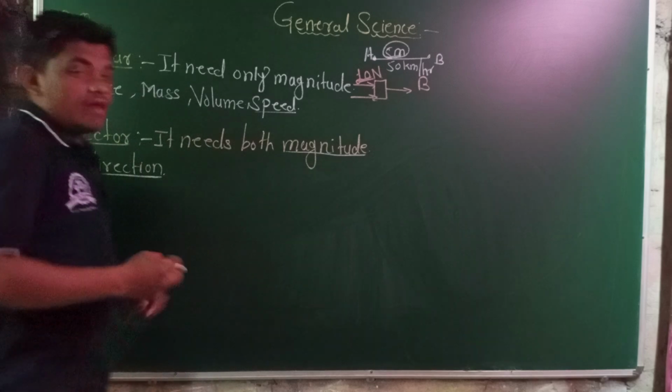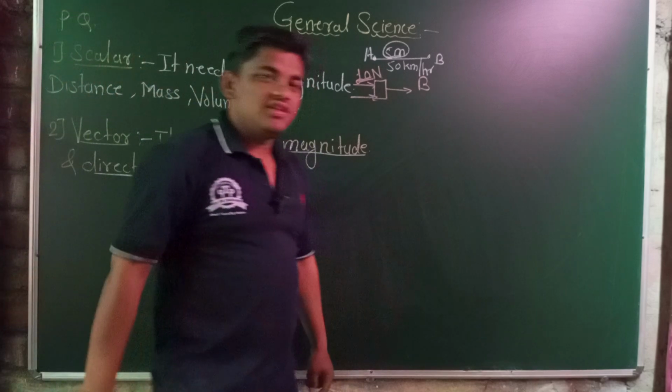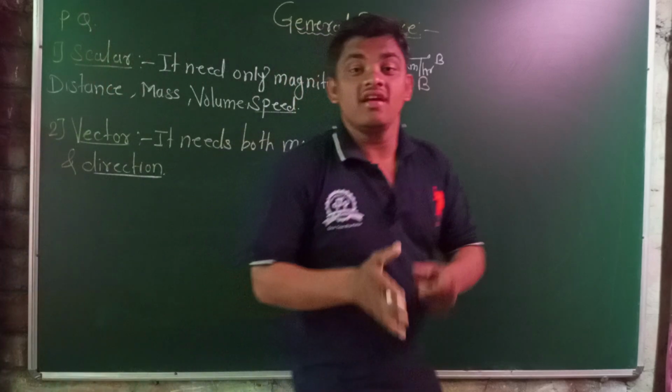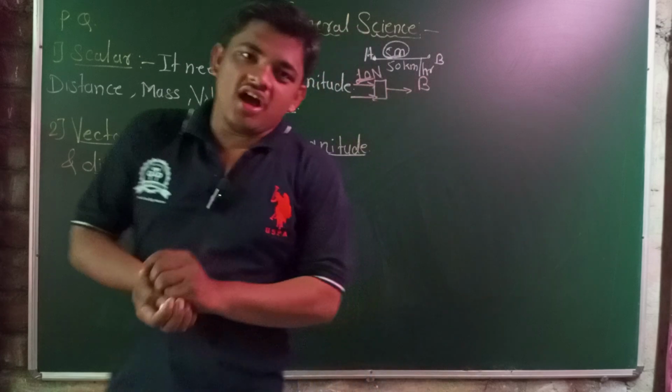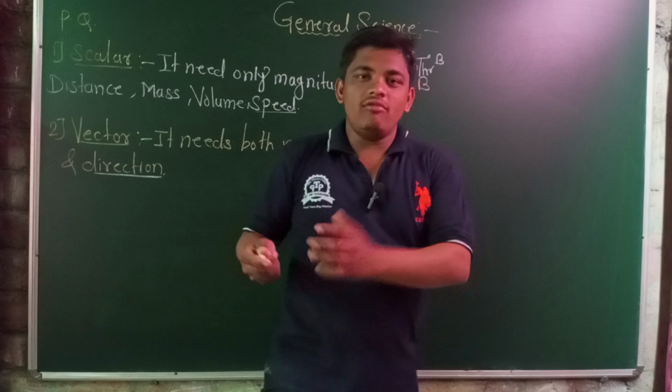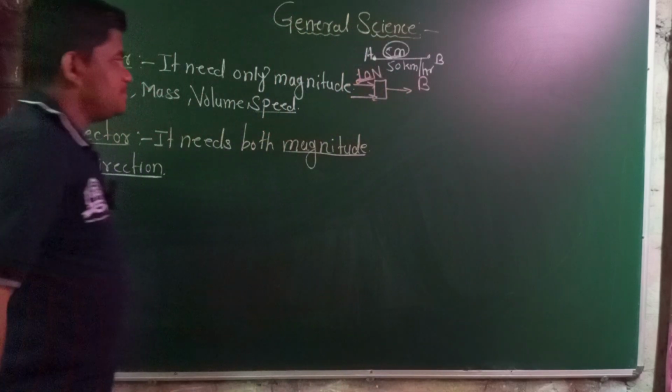But what about velocity? Velocity is the change in displacement with respect to time. Displacement needs knowledge of direction, such as whether the object is displaced towards the left or towards the right. I gave examples in the previous lectures.